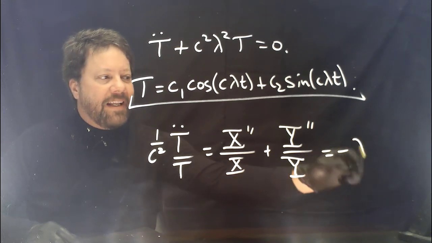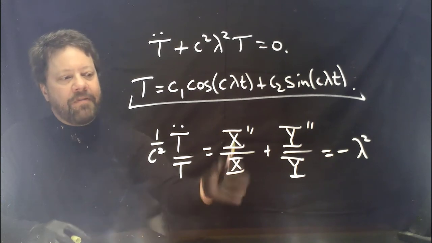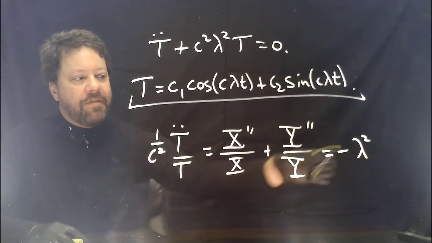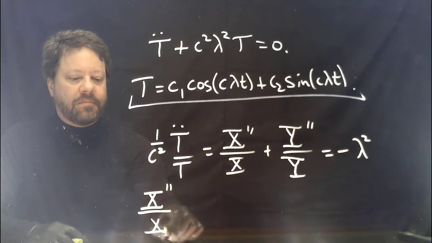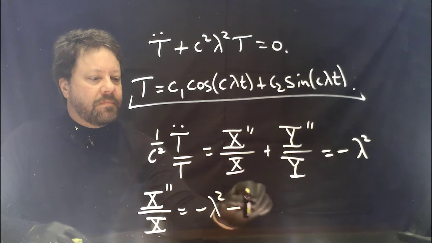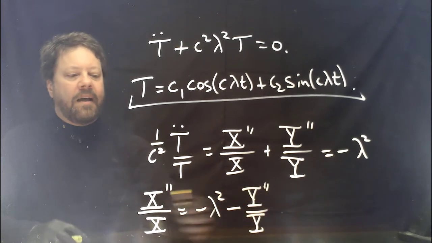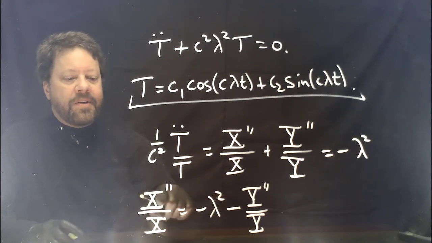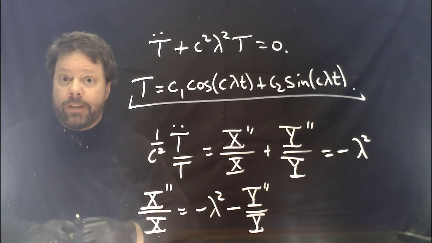Now that we see that the right-hand side is minus lambda squared and we have a solution for t, we need to figure out solutions for both x and y. So we'll move this term over and we'll see that now we have these variables x and y separated, so that the left-hand side is a function of little x, the right-hand side is a function only of little y.